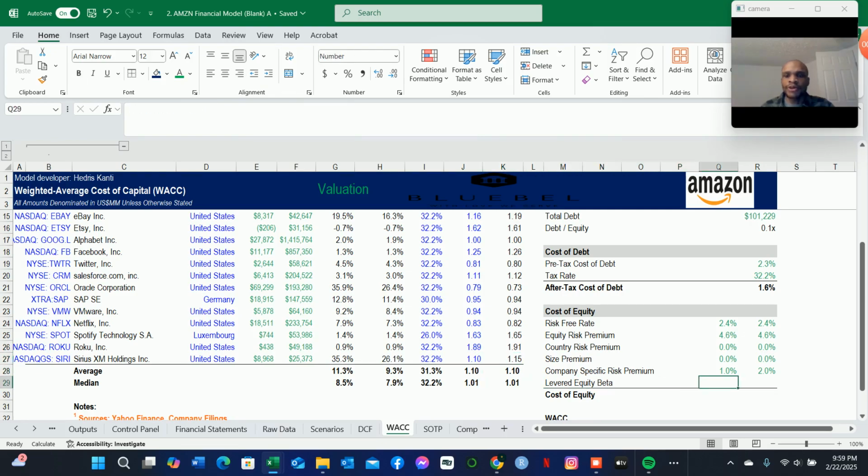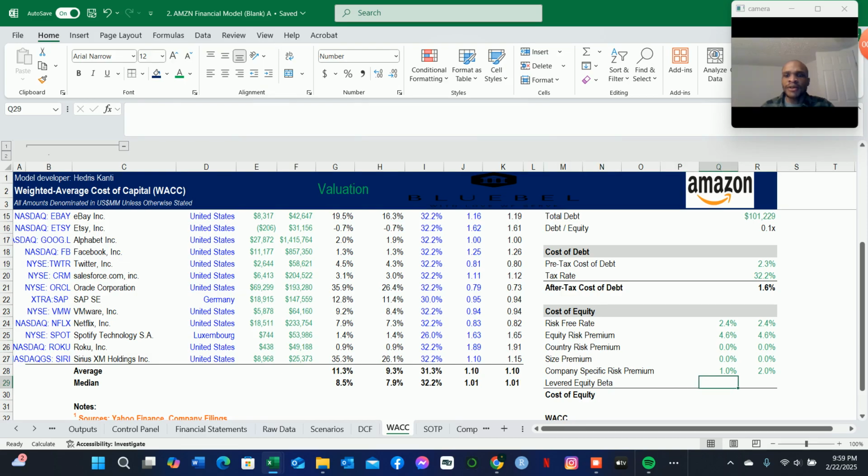We'll reverse engineer that formula to determine the levered equity beta for Amazon, since we believe the levered beta for equity can be determined using the unlevered beta for the comparable companies that are competitors with Amazon.